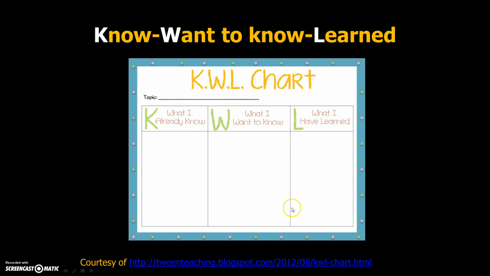And then finally, at the end of the lesson, or at the end of the instructional unit, you revisit the KWL chart, and in the L column, you make a list of what the students learned as a result of the unit on the civil rights movement or whatever topic that you're teaching. You also might want to revisit what you have in the W column and have students consider whether or not they have any questions that are still unanswered.